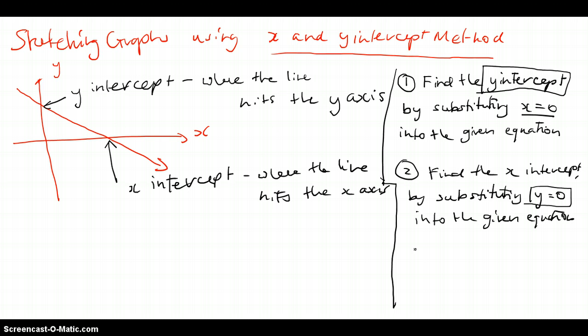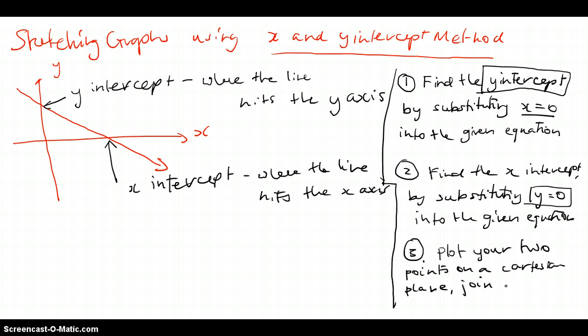And the third step is plot your 2 points on a Cartesian plane, join and connect your dots.